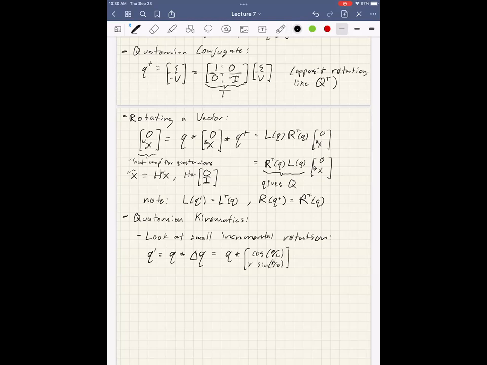If I first order Taylor expand that, do a small angle approximation, for small theta, cos theta over 2 is approximately 1. And sine theta is approximately theta, so this is r theta over 2, which is our axis angle vector times a half, so 1/2 phi, where that's our axis angle. So that's the first order Taylor approximation.